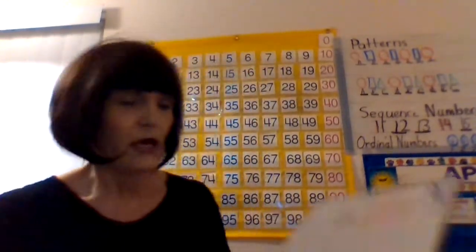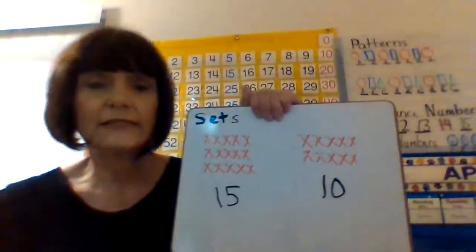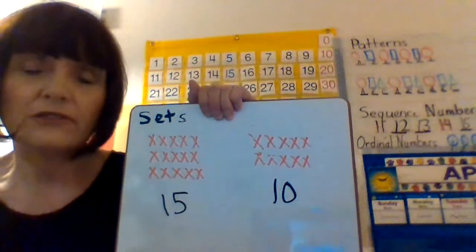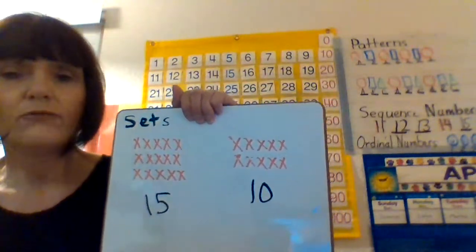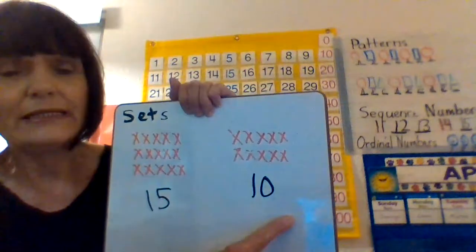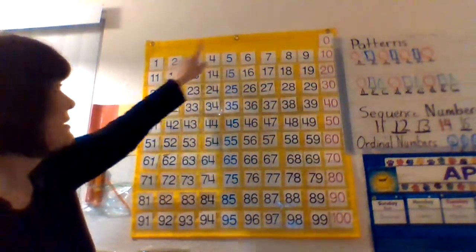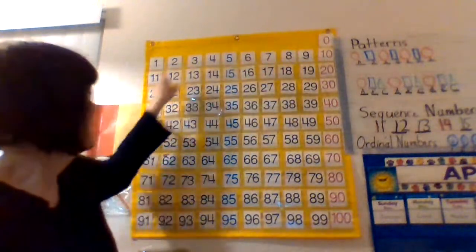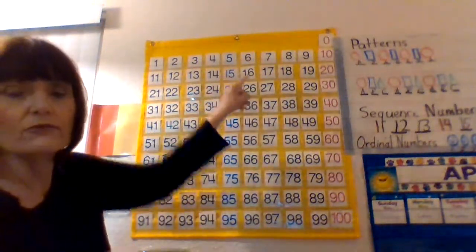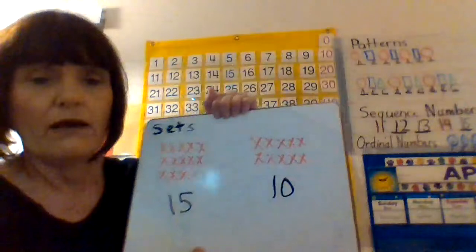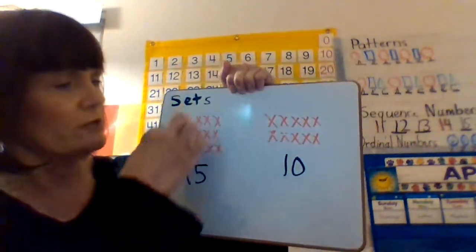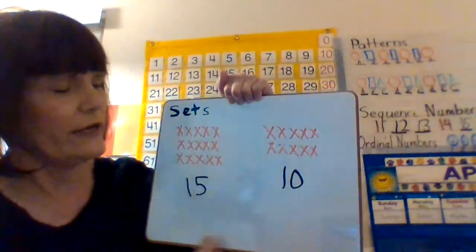Which set has the least amount of X's? Well, of course, 10 is less than 15. Let's see if that's true. 10, 15 on the second row, yes. Okay, and we can also tell there's more X's here than there are here.